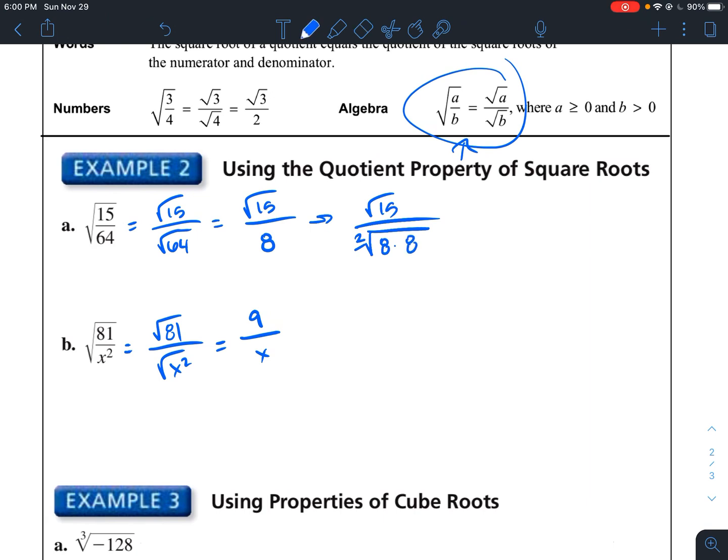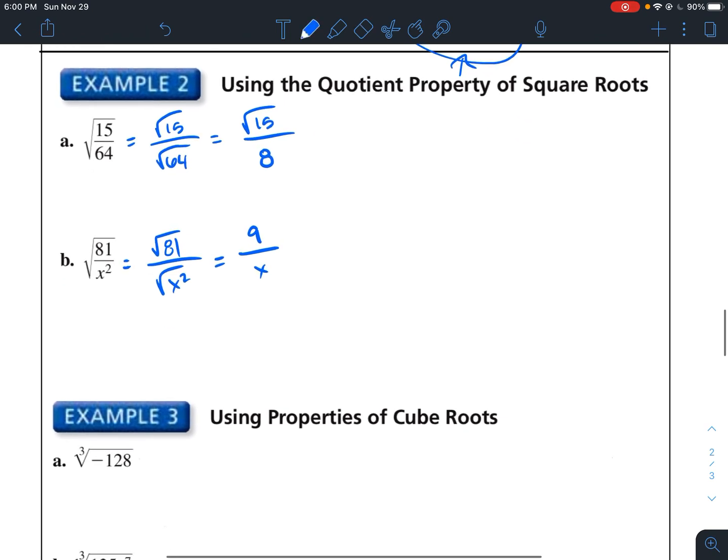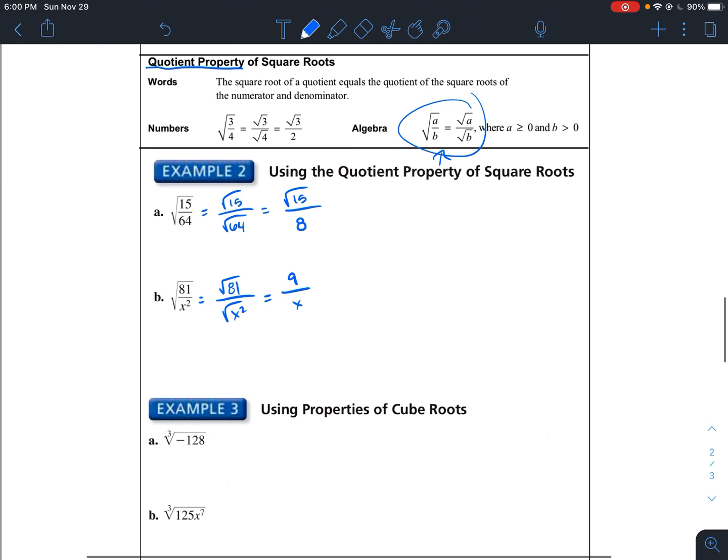Basically, if there's anything underneath your radical, under a square root with 2, that means we can take out one of them. So this is equal to the square root of 15 divided by, since I can take out one 8, that means these are both gone. That's just one way of looking at it, but you don't have to look at it that way. In any case, we're just simplifying.